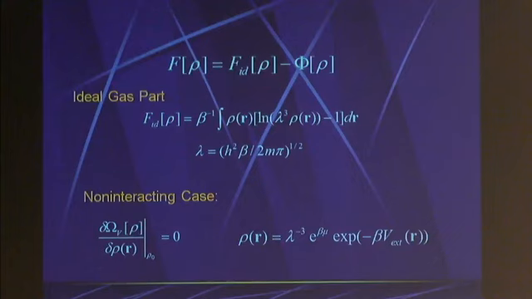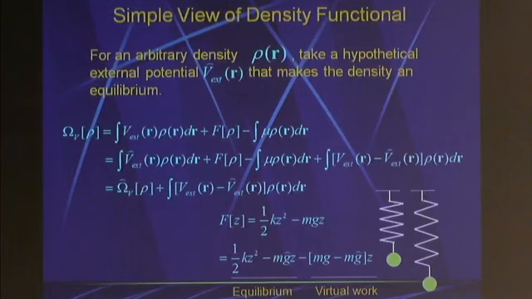So specifically, all of these are given, and in the non-interacting case, it simply gives the Boltzmann distribution of particles existing in external potential V(r).